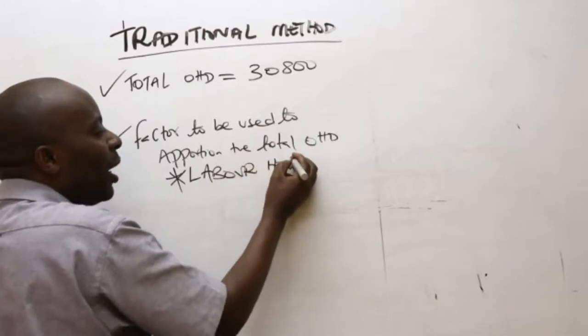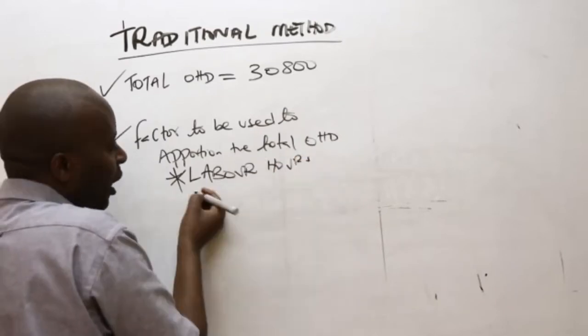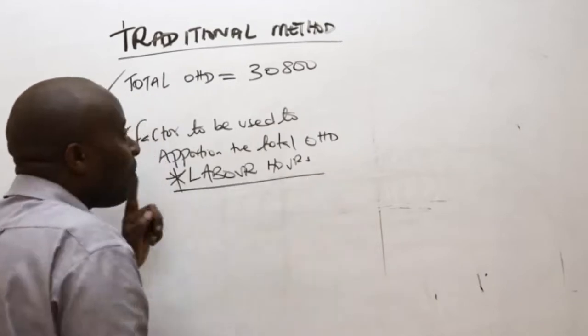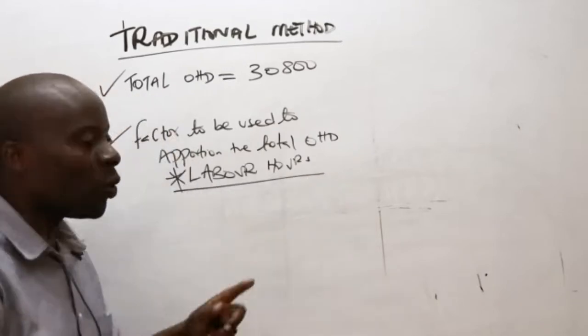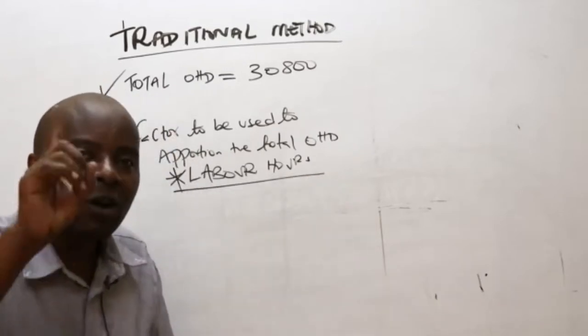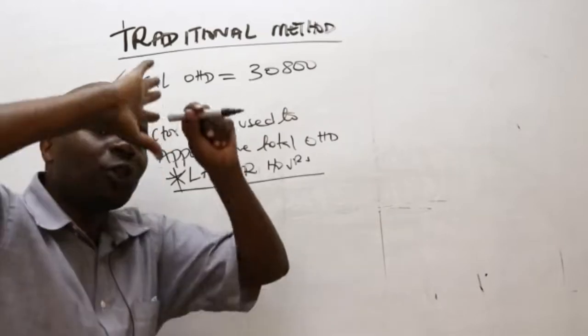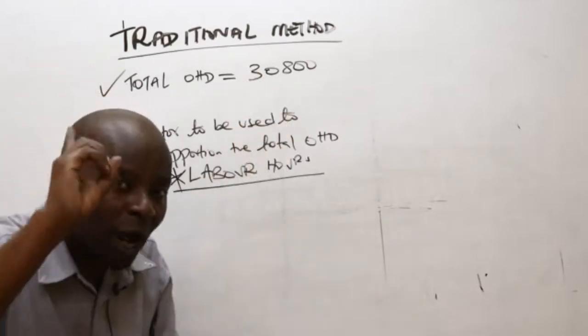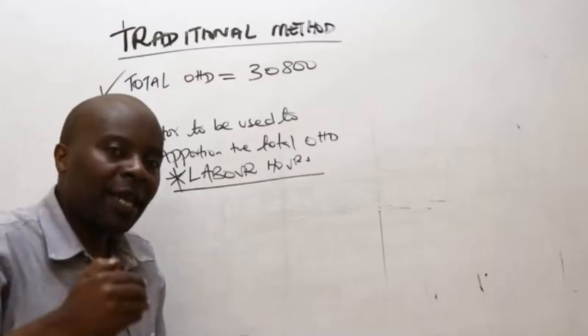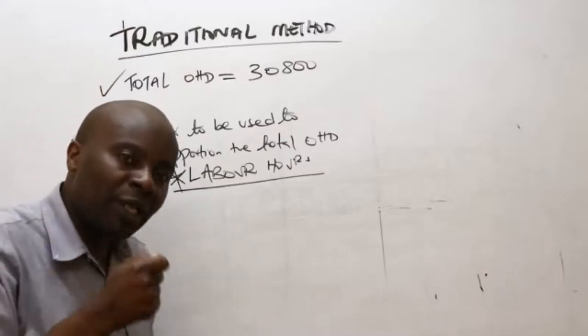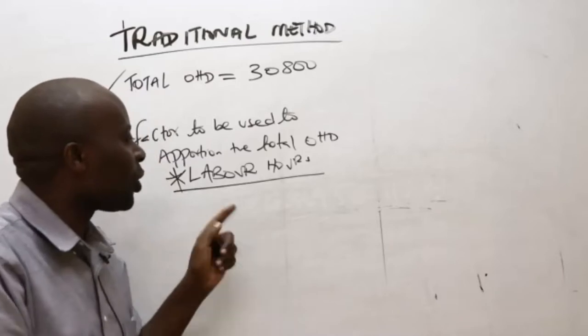Remember, under the traditional approach, we only use one factor to apportion the lump sum overhead, which the examiner has told us we should use, ladies and gentlemen, the labor hours.